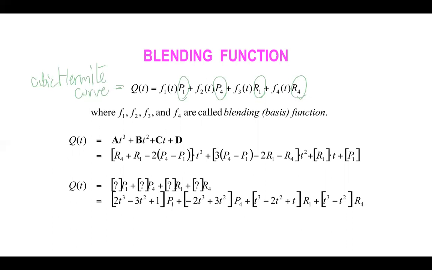If you remember, to define a Hermite curve you have to know the first and the last endpoints and the two tangent vectors. So if we can find this, we can call F1, F2, F3, and F4 the blending functions or basis functions of the Hermite curve.